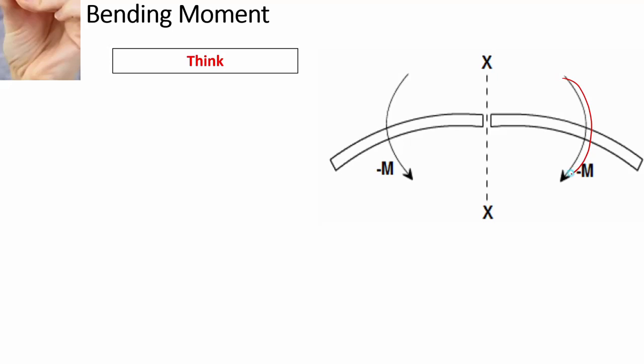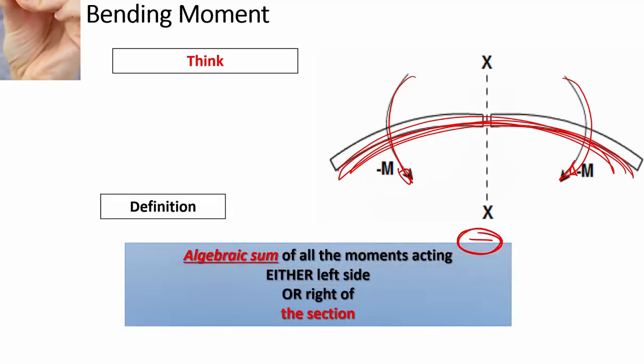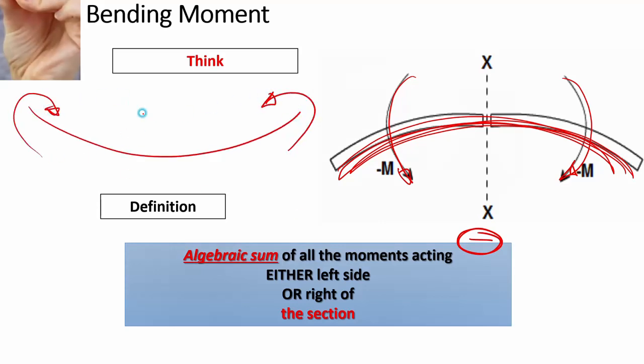We applied one moment here in this direction, another moment here in this direction. Therefore, the stick had a hogging effect. This hogging effect is called a negative bending moment. We will call it negative. Then what is positive? Positive will be sagging.